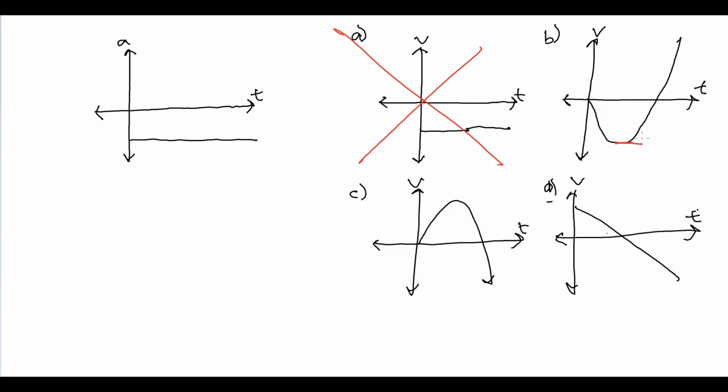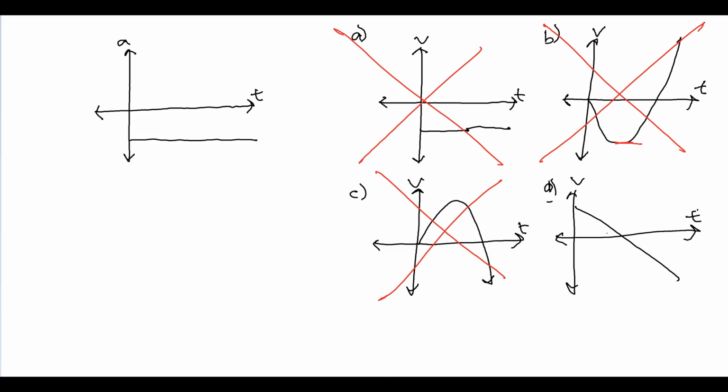However, acceleration is constant throughout, so it will just stay here. Curved graphs indicate an acceleration that is changing, which is not shown by this graph. And this is the same scenario for C. This does not show constant acceleration, so this one's also out.